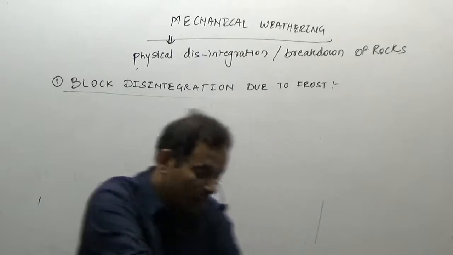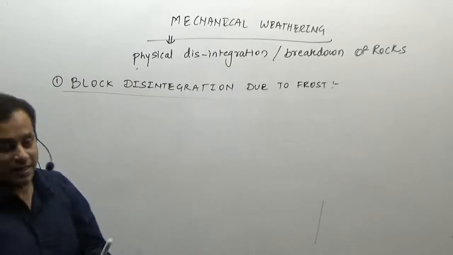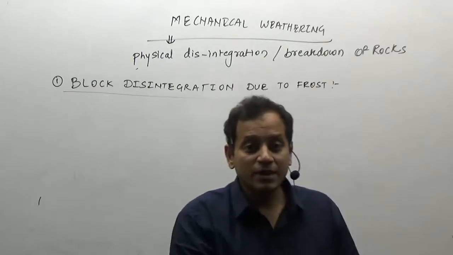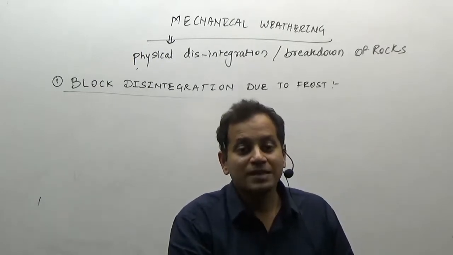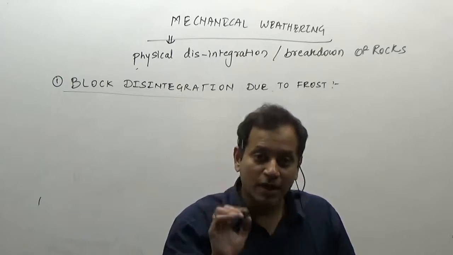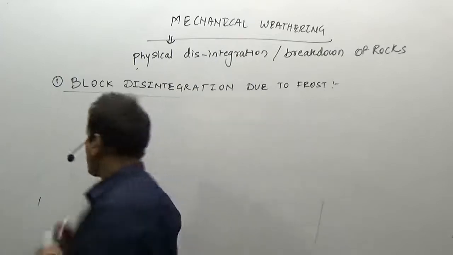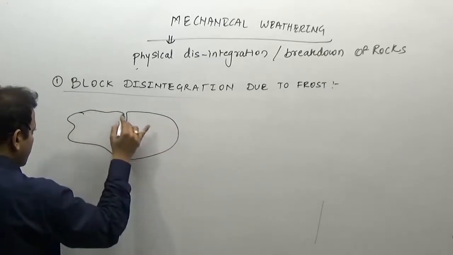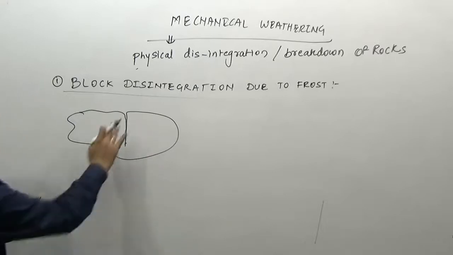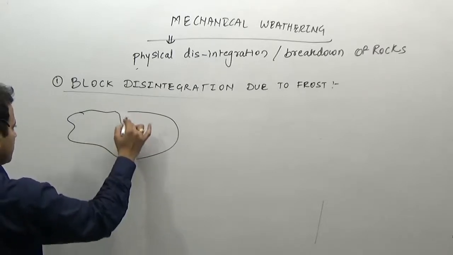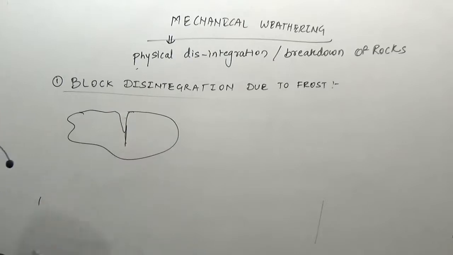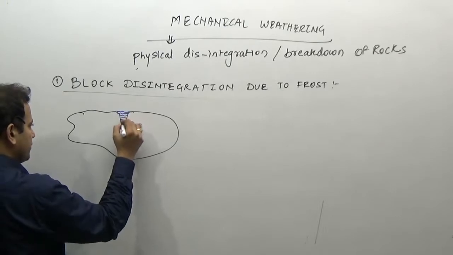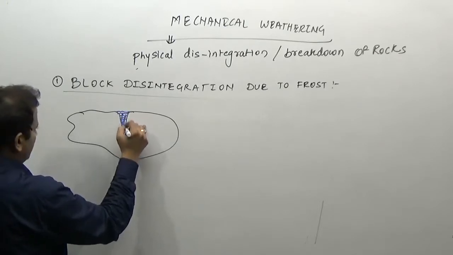If we want to draw the diagram, we can show it like this. In the areas of cold climates, if this is a rock structure with well-jointed rock, during the daytime water will collect in this joint.